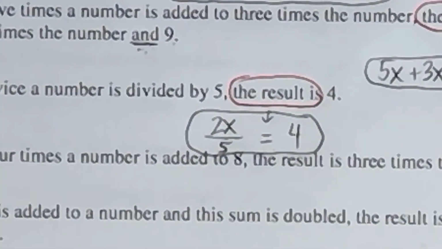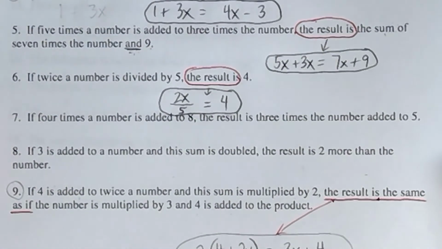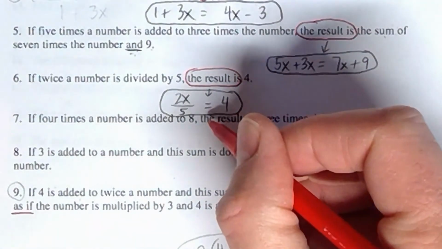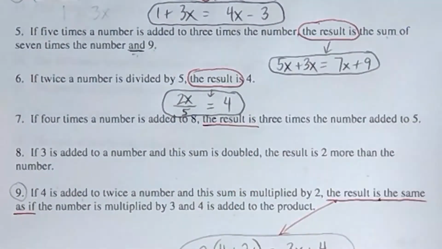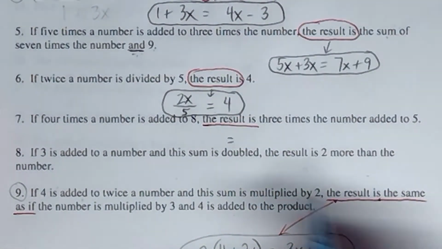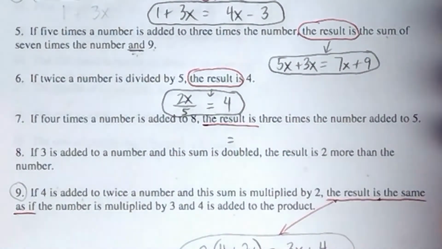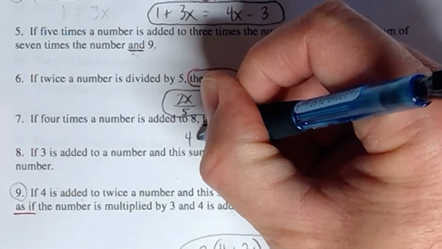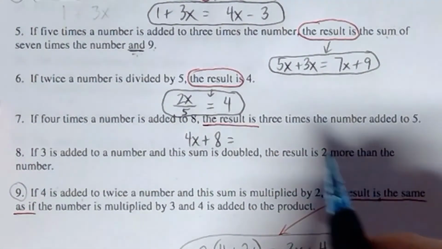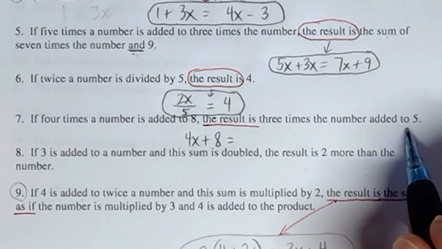Okay. Number 7. If 4 times a number is added to 8, the result is 3, and I think you're getting the point now. The result is, that is going to be your equal sign. It's followed by the number 3, so that makes sense. Break this problem up into 2 parts. It says if 4 times a number is added to 8, so that's 4 times x plus 8. 3 times the number added to 5.